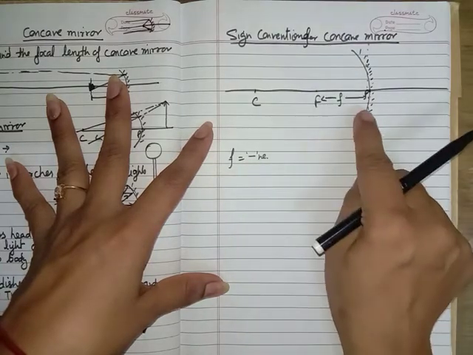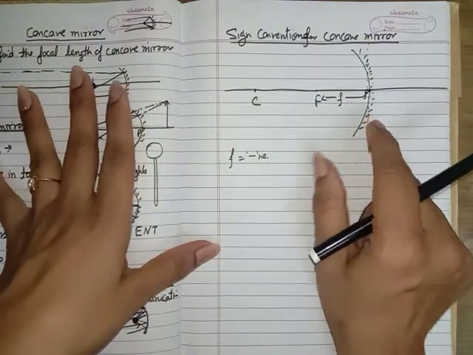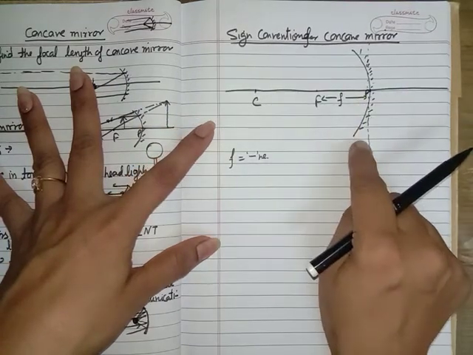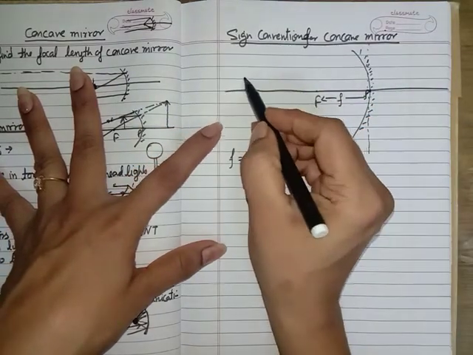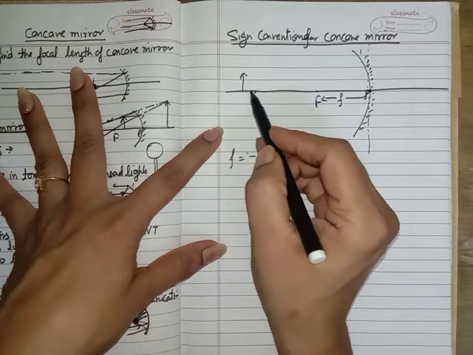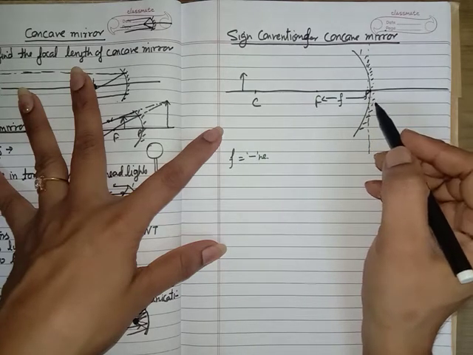So if we do some numericals, we should always remember that the focal length is negative for the concave mirror. Suppose this is the object. The distance of the object from the mirror is represented by the small u.